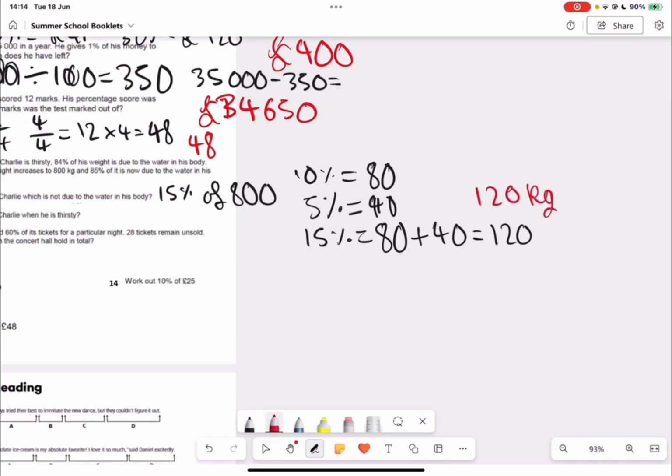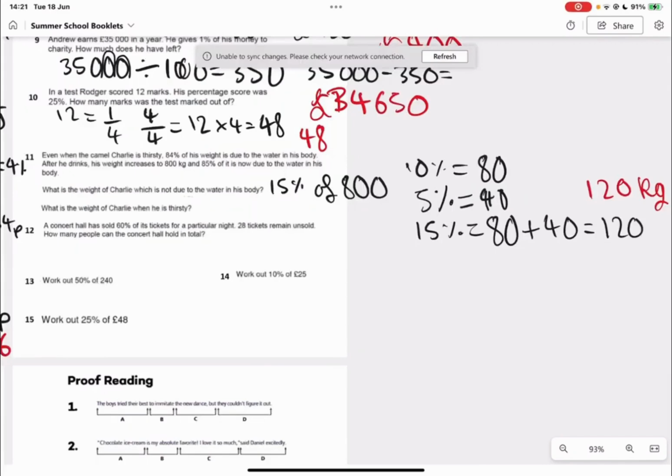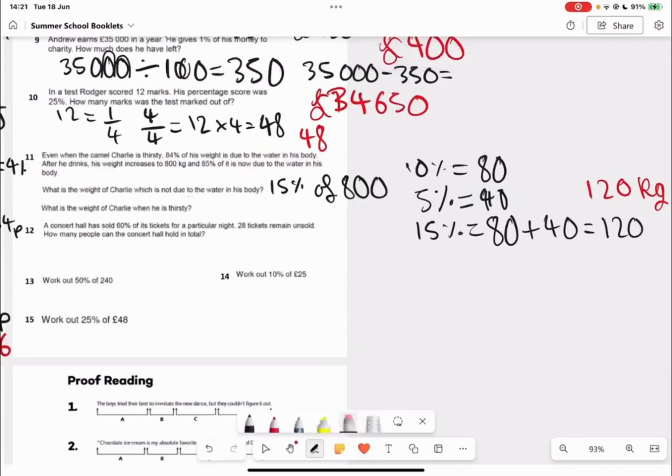So the first part has an answer of 120 kilograms. Okay, next we are looking at the weight of Charlie when he is thirsty. So you know that his weight that is not due to water is 120 kilograms. And this goes from a value of 15% to 16%.